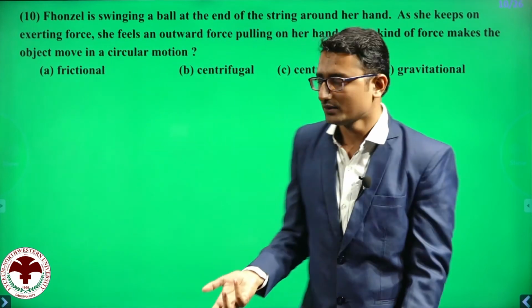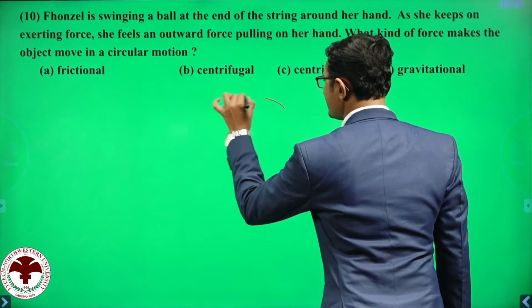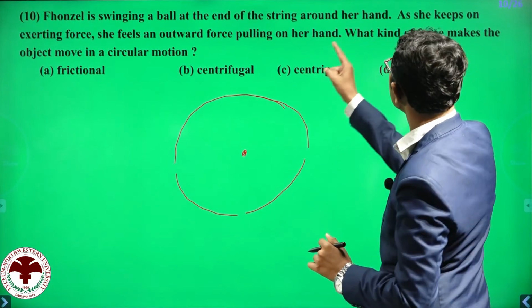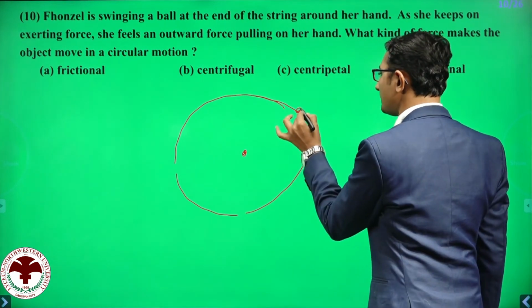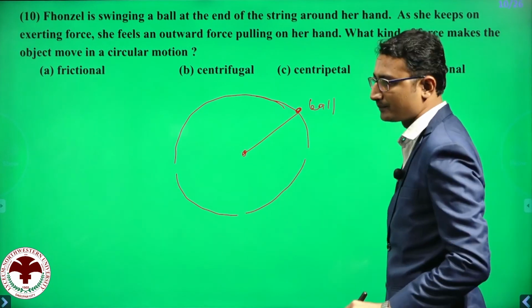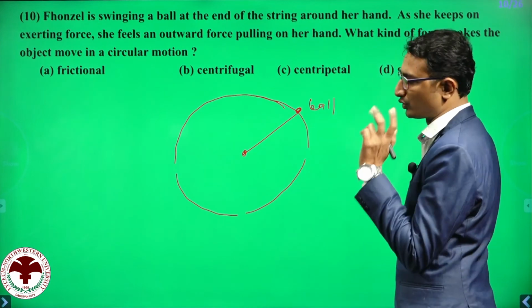Very simple concept. Suppose this is the hand and this is the motion of a ball swinging around her hand. Suppose this is a ball, and this is the string. You have studied in circular motion that there are two forces.